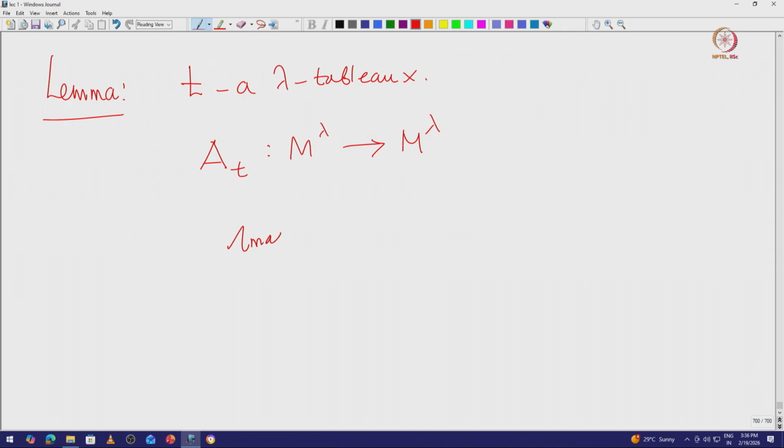The image of this operator is going to lie inside this one dimensional space, which is exactly equal to E t. Note that by definition E t is nothing but A t applied on t. So that means the image contains E t.